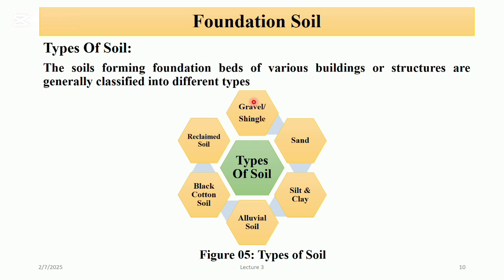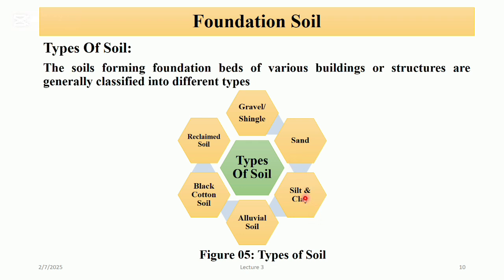Gravel and shingle provide a good foundation bed and are suitable for foundations of all types of structure. The second one is sand. It consists of angular, irregular or rounded grains of silica having grain size varying from 0.075 mm to 2 mm. Coarse sands provide a good foundation bed.